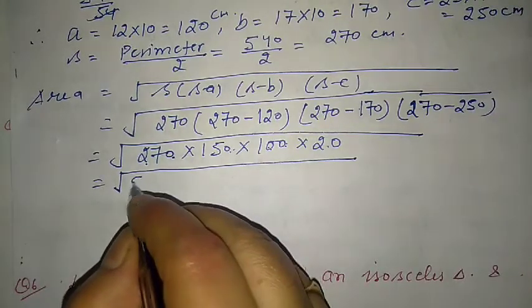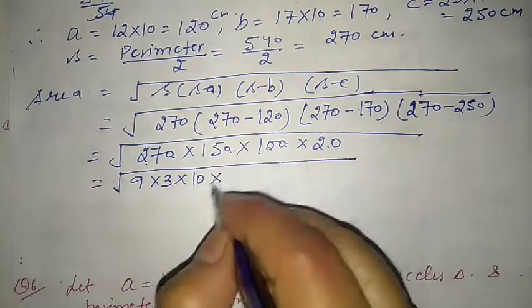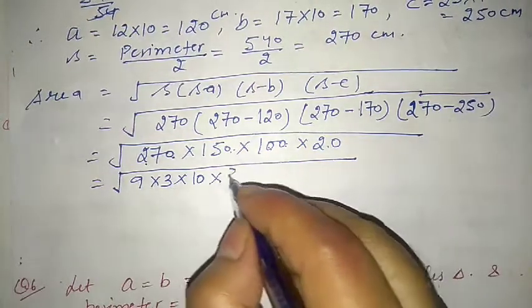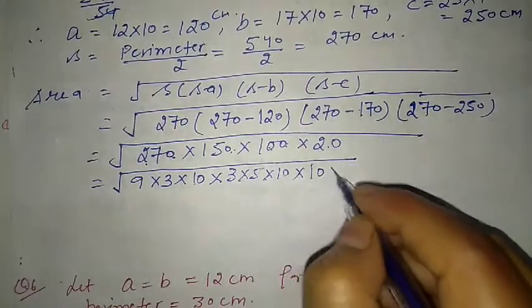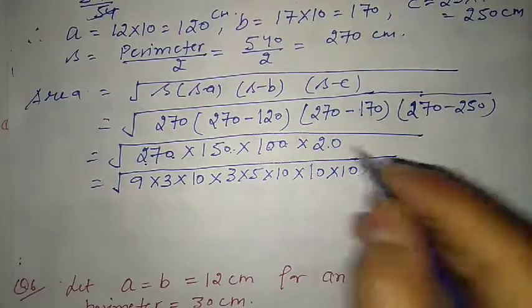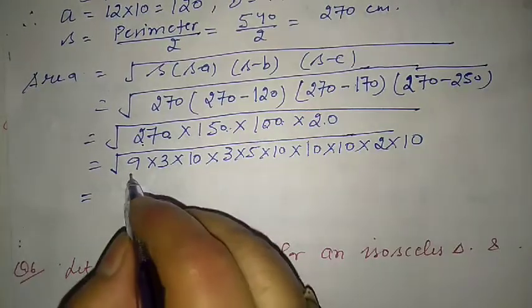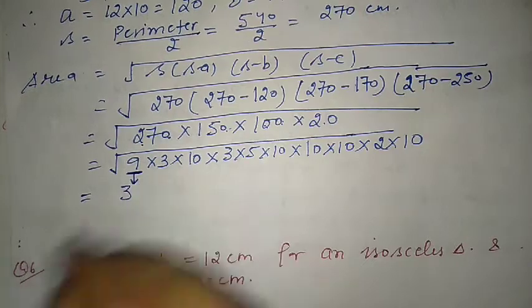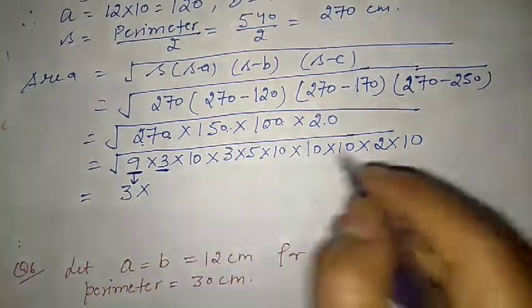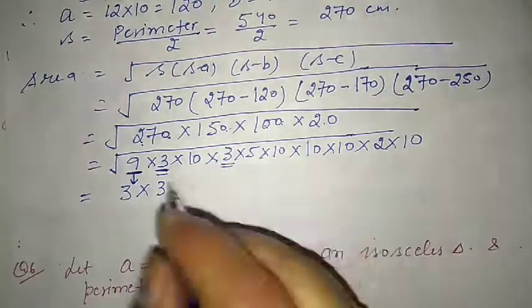This 27 we can write as 9 into 3 into 10. This 15 we can write as 3 into 5 into 10. This is 10 into 10. This 22 into 10. So we can see that this 9 is the square of 3, so this 3 can come out. Then 3 and this 3, one 3 can come out.